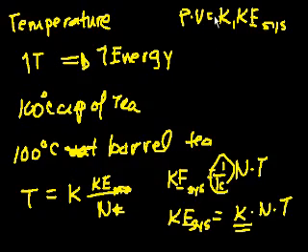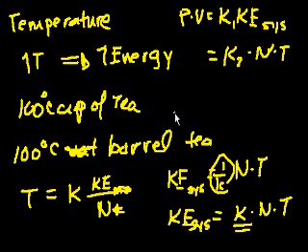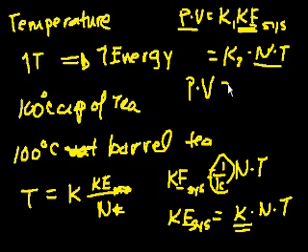And we also know that the kinetic energy of the system is equal to some other constant times the number of molecules I have times the temperature, right? So you could say this is proportional to this, and this is proportional to this, and these are all different proportional constants. We'll figure out this exact constant later.